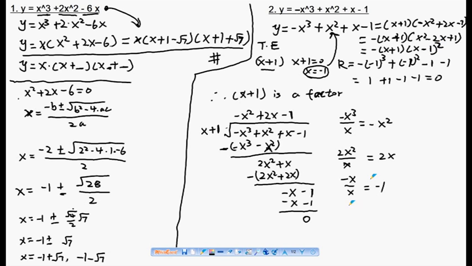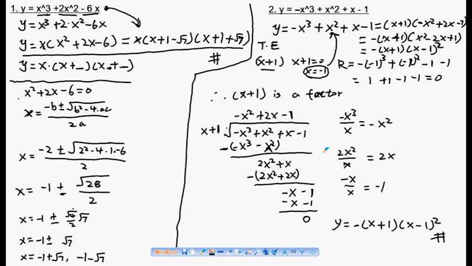So after factorization, y equals minus x plus 1 times x minus 1 squared. This is our final answer.